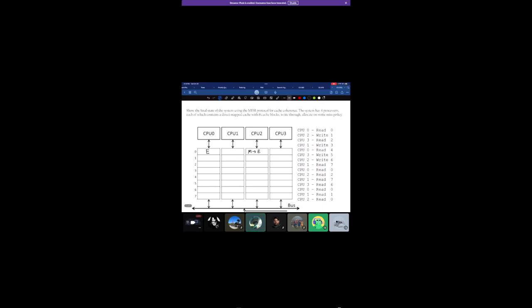So it should go from modified to exclusive. Oh wait, sorry. This is direct mapping. So this would go here. Sorry. And 0 went there. Okay. All right.